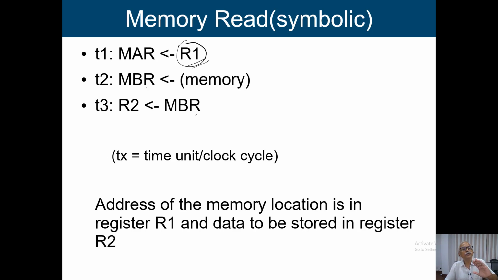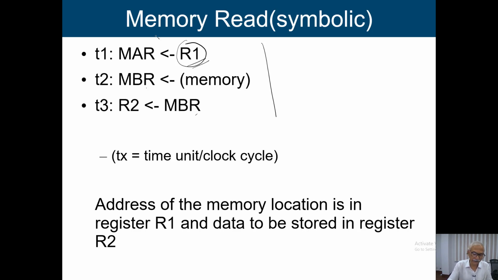If I use a different addressing mode, then this particular read cycle will be different. So this is a memory read cycle, and it needs three different time steps. In time step T1 we do some operation, in time step T2 we do another operation, and in time step T3 we do the other operation.